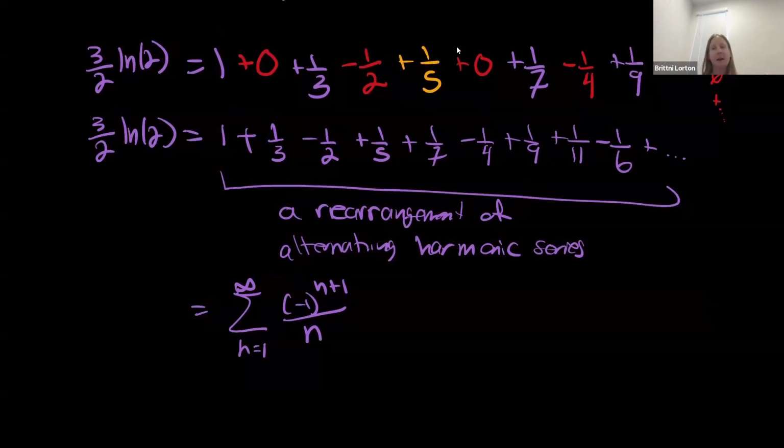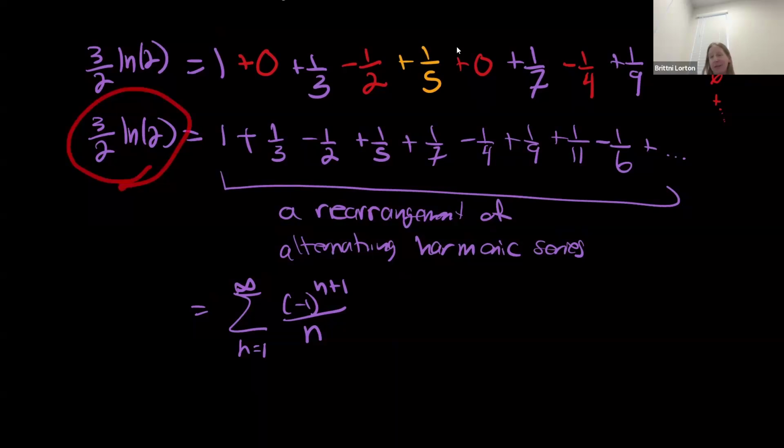And something else that's kind of cool, though way beyond the scope of this class, is I could have done that for any number I wanted over here. I could find some rearrangement of the alternating harmonic series to get 5/2 ln of 2. I could find another rearrangement to get 3, not ln of 2, but just 3 if I really wanted to. You can play around with it.